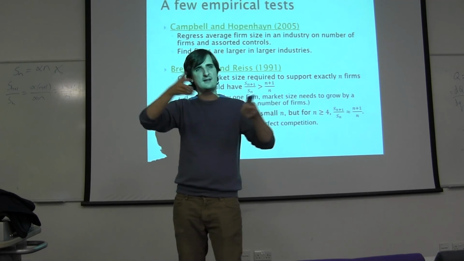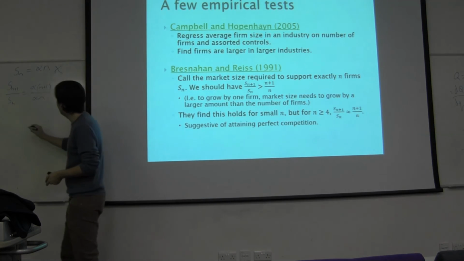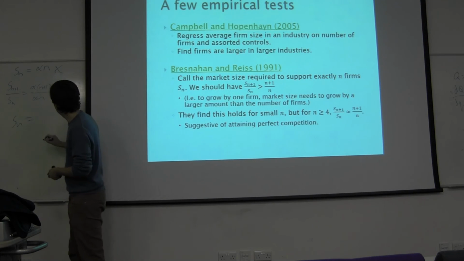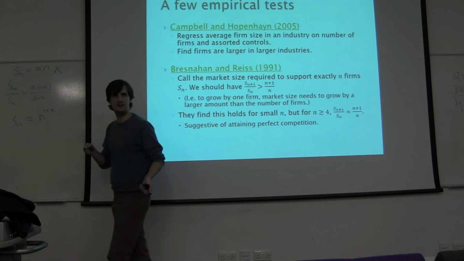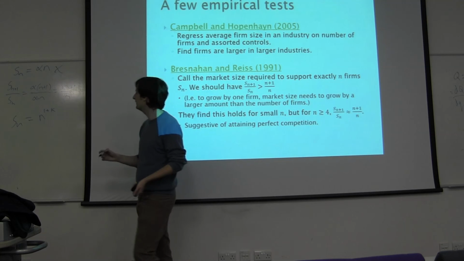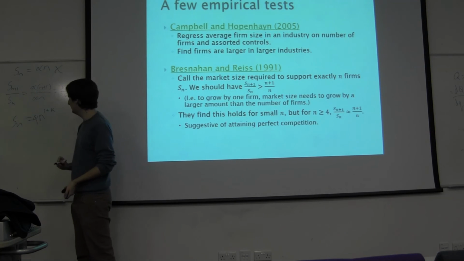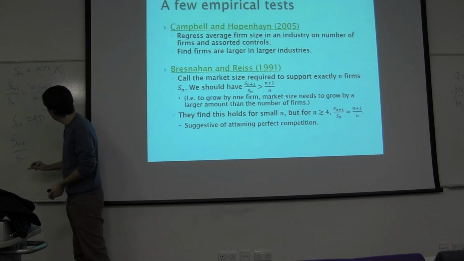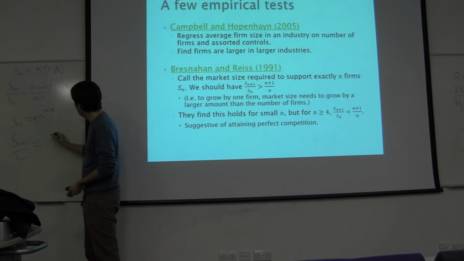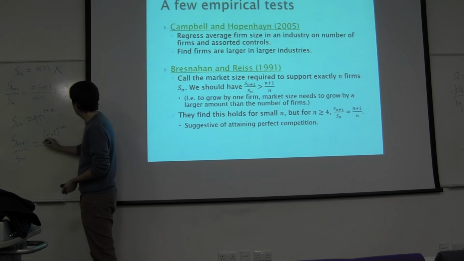Instead it's exponential. Maybe Sn is n to the power of 1 plus kappa, or alpha times n to the power of 1 plus kappa. Then when we do Sn plus 1 divided by Sn, what do we get? Well, the alphas are going to cancel out again.